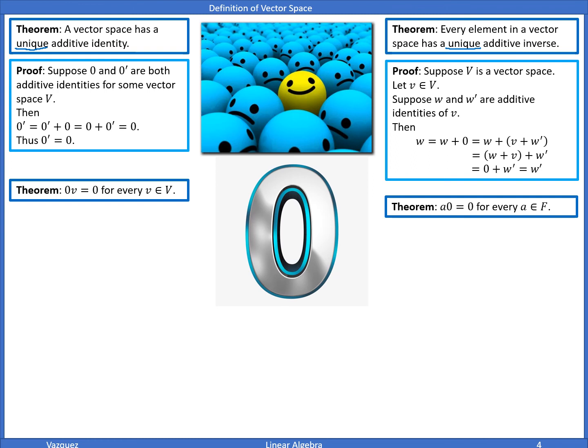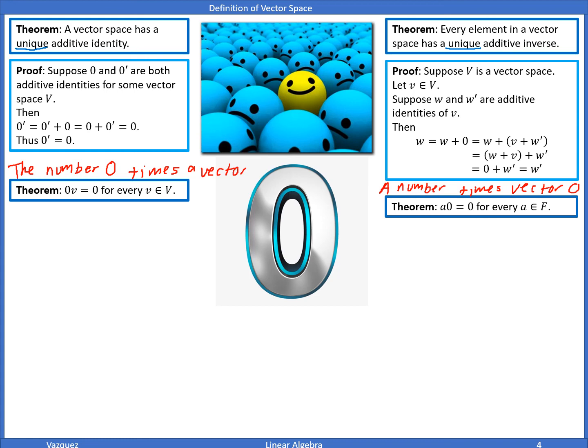This one on the left is telling us about the number 0 times a vector. This one on the right is a number, in this case a, times the vector 0.